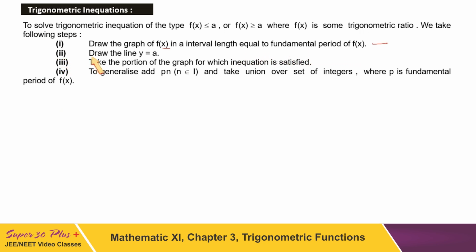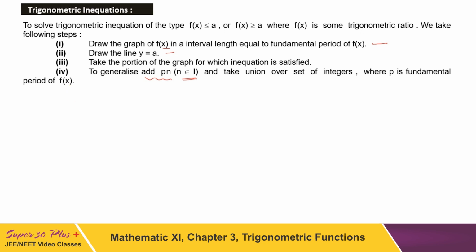Step number 2. Draw the line y is equal to a. Step number 3. Take the portion of the graph for which inequation is satisfied. Step number 4. To generalize, add P n where n belongs to integer and take union over set of integers, where P is fundamental period of f(x).